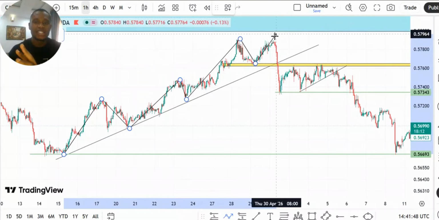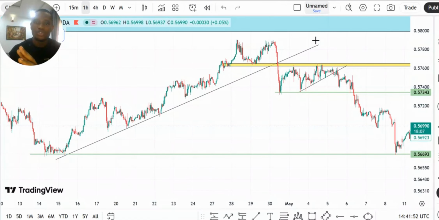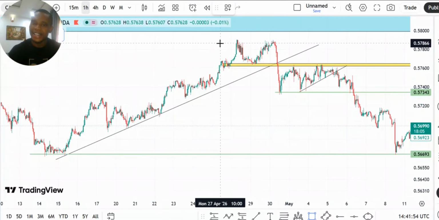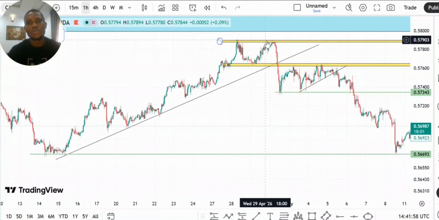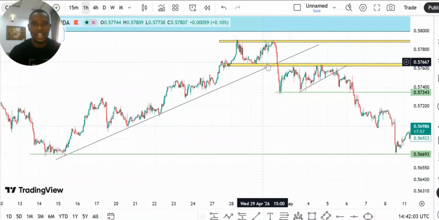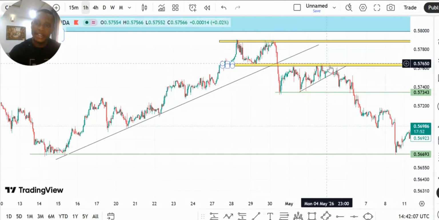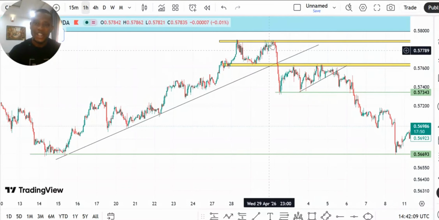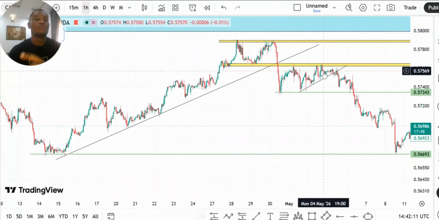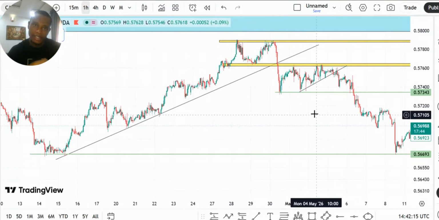It came here to give us equal highs. That is when you will know that the market is about to change structure. After giving us equal highs, you just have to wait for this neckline to be taken. It took out this neckline, pulled back to this neckline, which is the 50% Fibonacci level, before the market started selling.